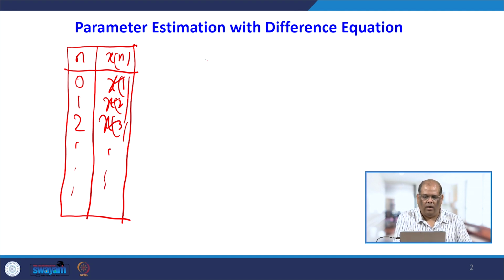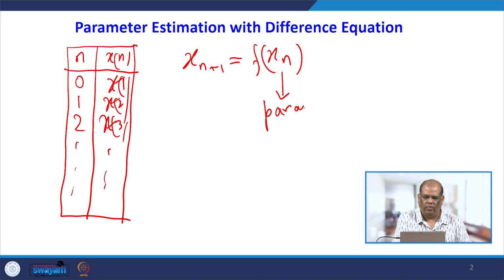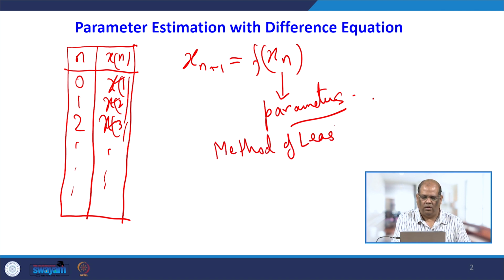And you will be having a discrete equation of the form x_{n+1} = some function of x_n, which contains the parameters. We will be using the same method of least squares to estimate the value of the unknown parameters.